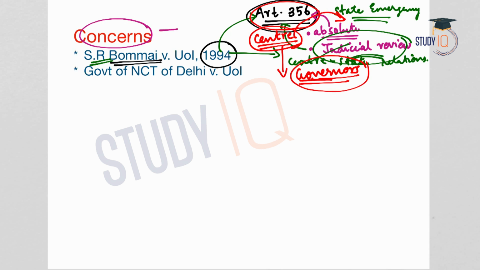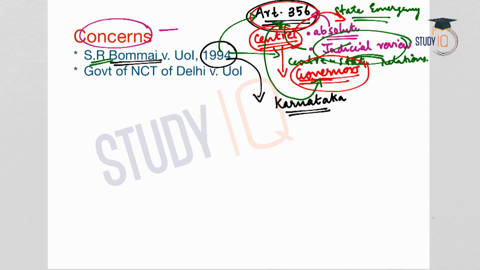So the center, through the governors, can exercise its power to proclaim a state emergency. This provision was highly misused. With the S.R. Bommai case, this misuse was checked. So this was a famous judgment with regard to center-state relations. Also regarding the S.R. Bommai case, the Supreme Court said that the floor of the house must be the place where the test of majority of the government should be conducted. We have seen this in the case of the Karnataka elections.